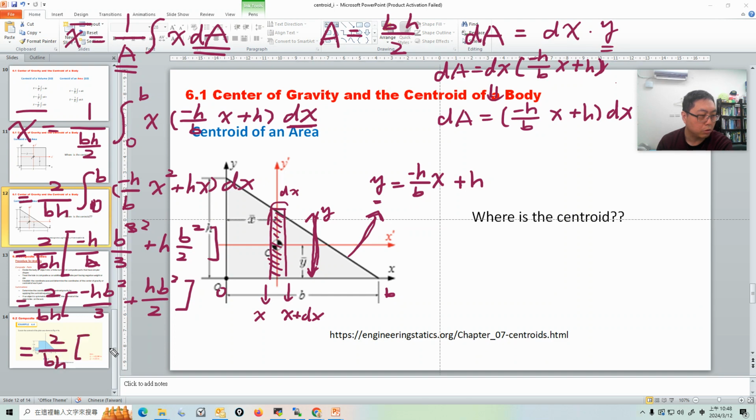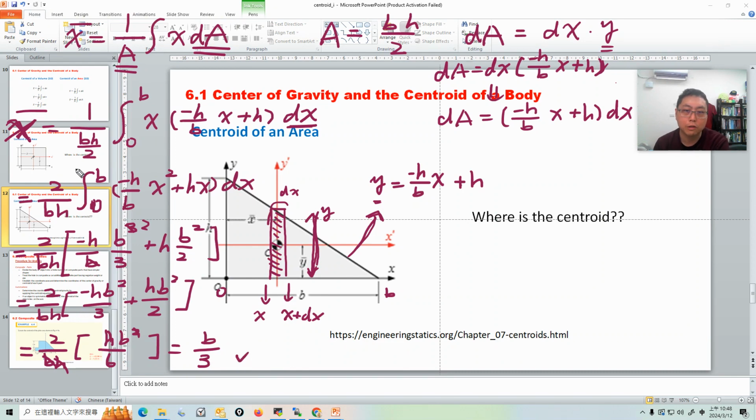BH2, so it's 6HB squared, divided. So it's b over 3. So the x component of the centroid position, x bar, is b over 3. That's the x bar.